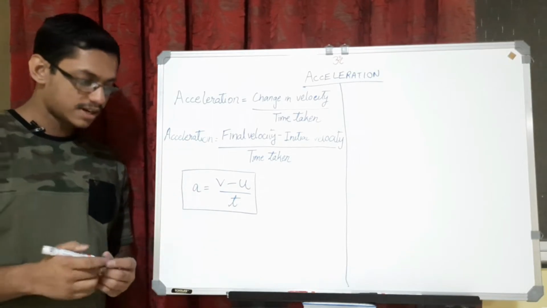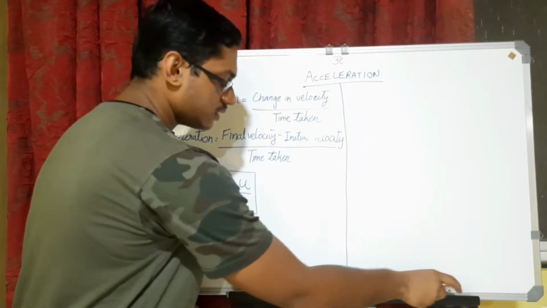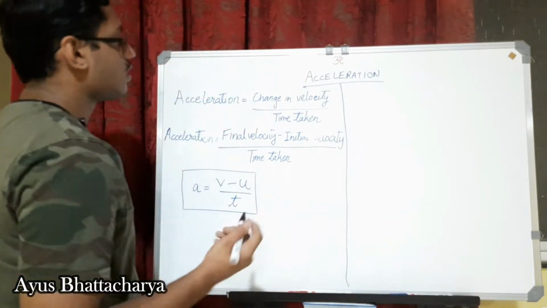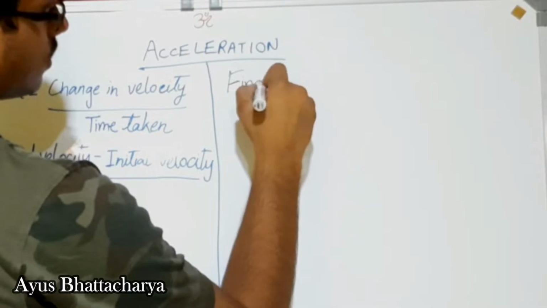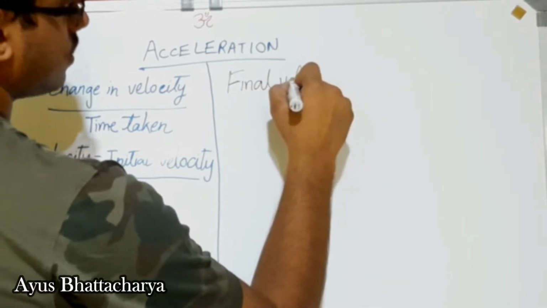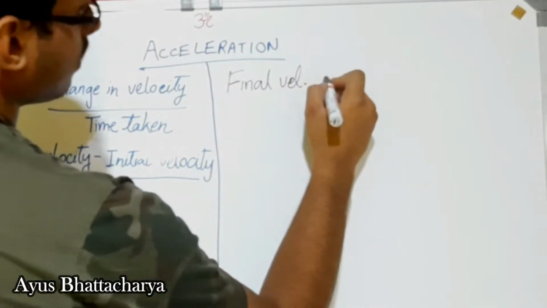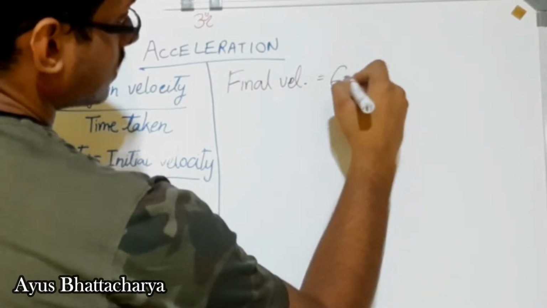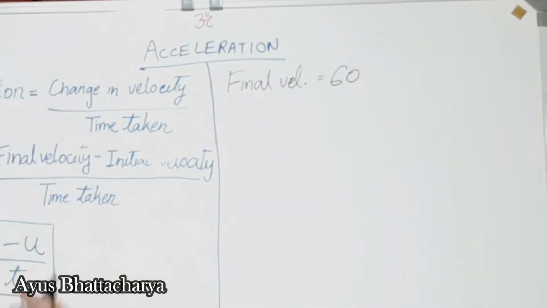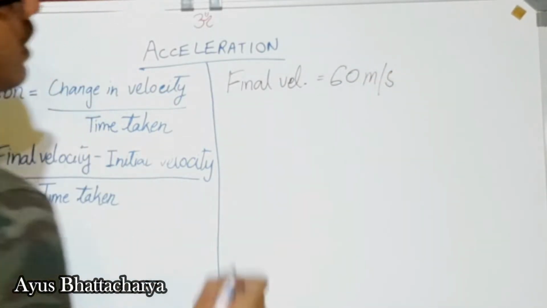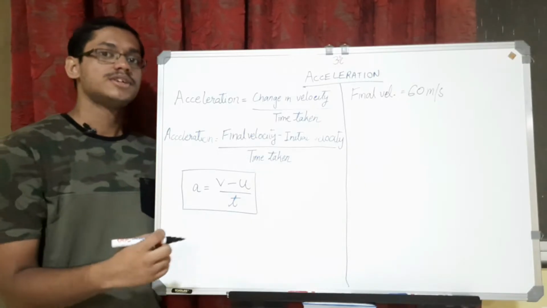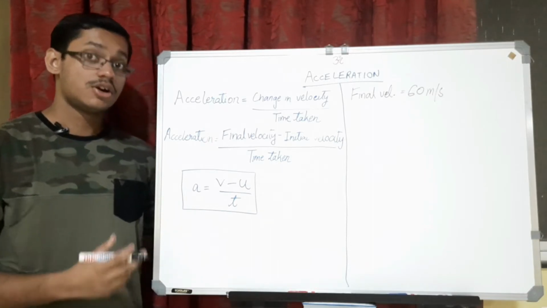So let us calculate the acceleration in my example. What was the final velocity? Final velocity v is equal to 60. Now for simplicity and also for your understanding, let us write it as 60 meter per second, because most of the time in exam you have to write it in SI units, not in kilometer per hour.